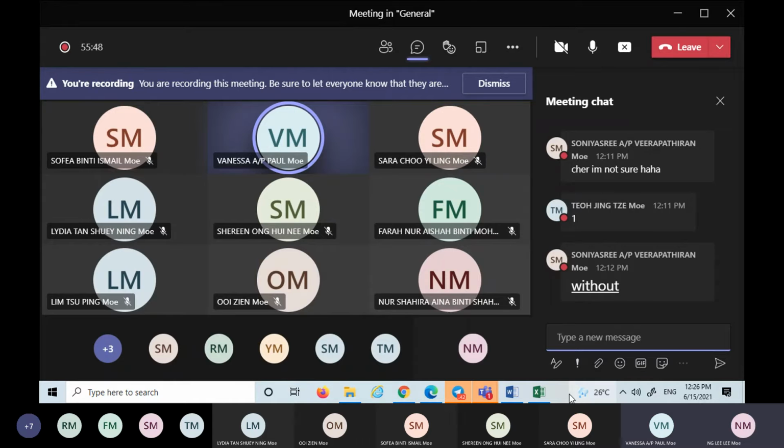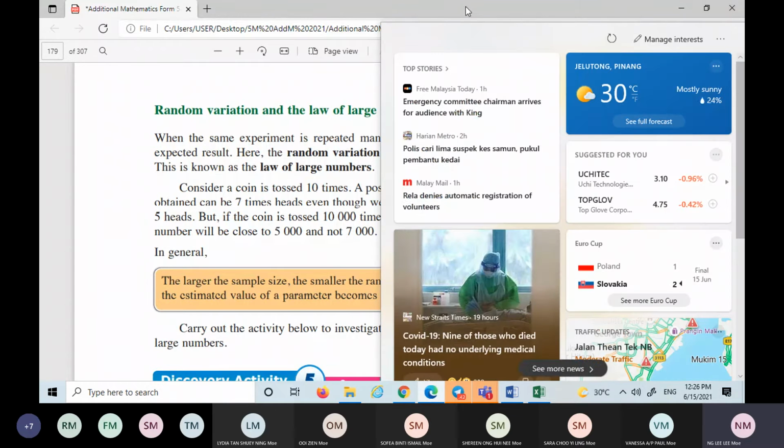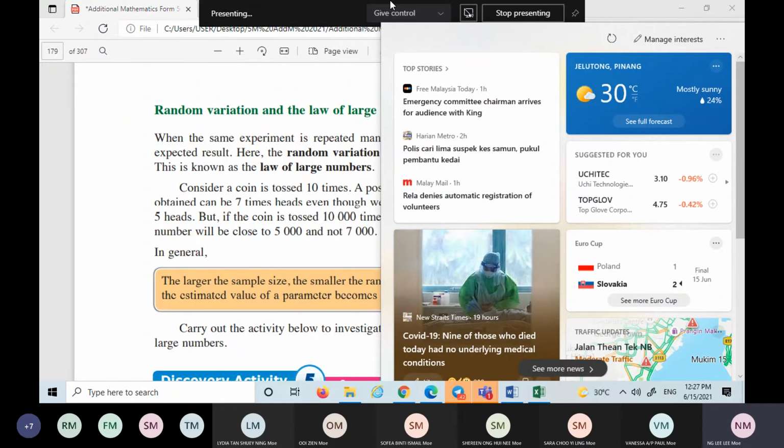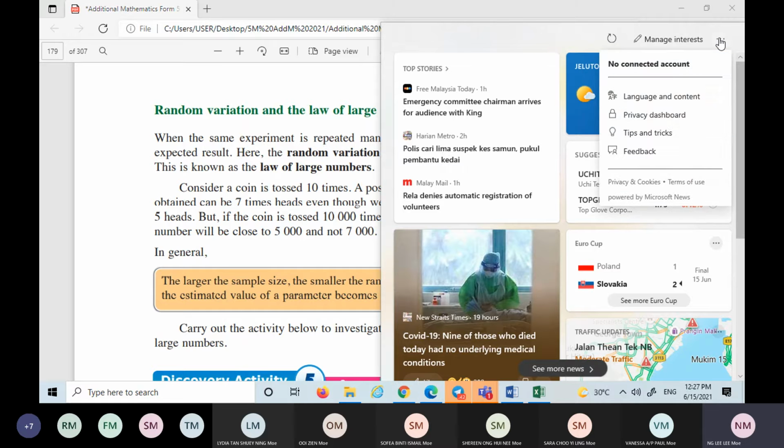Okay, I will try to stop punctually. Oh, what is this? I don't want to see more news. How do I close this?